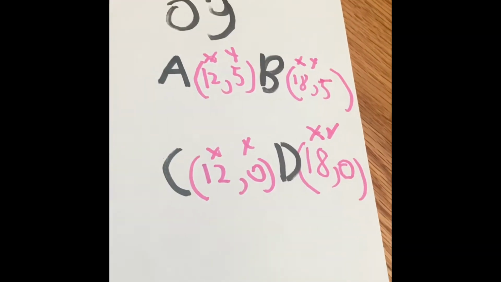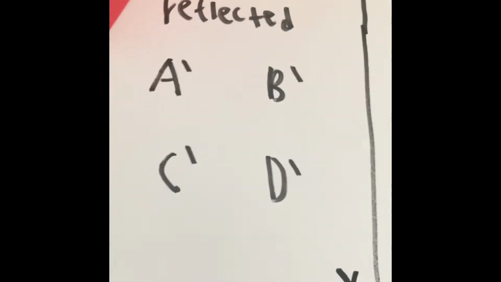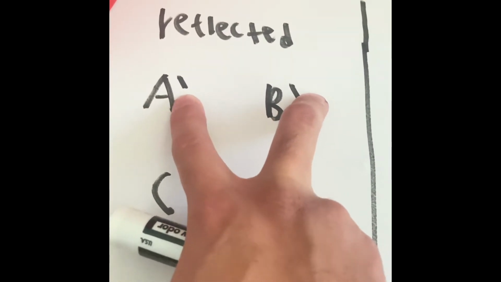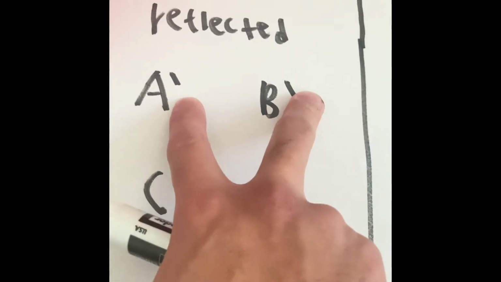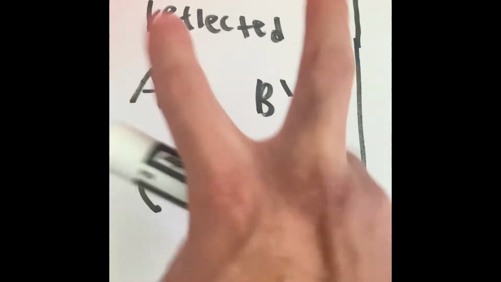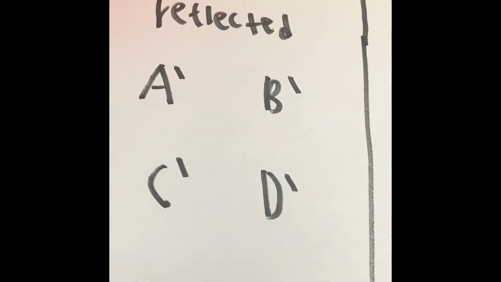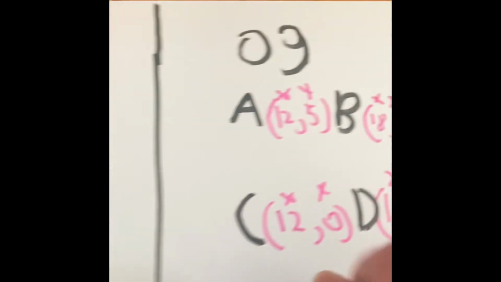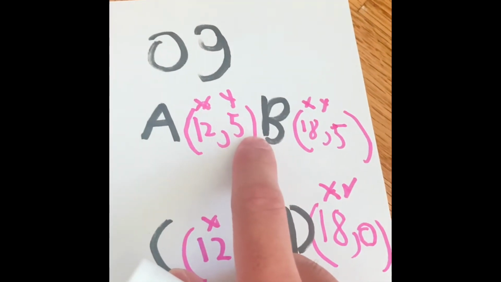We moved from here, and we want to get to A prime, B prime, C prime, and D prime. The primes tell you that it's been moved somehow, and it means it's the new point when we translate the geometric shapes.